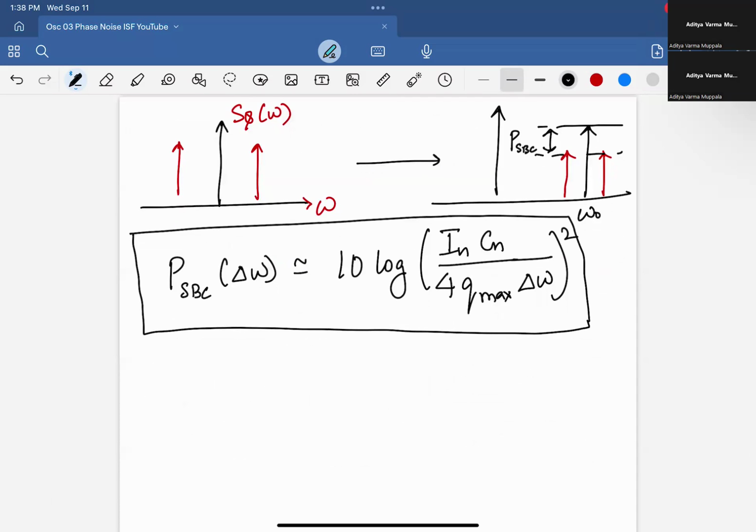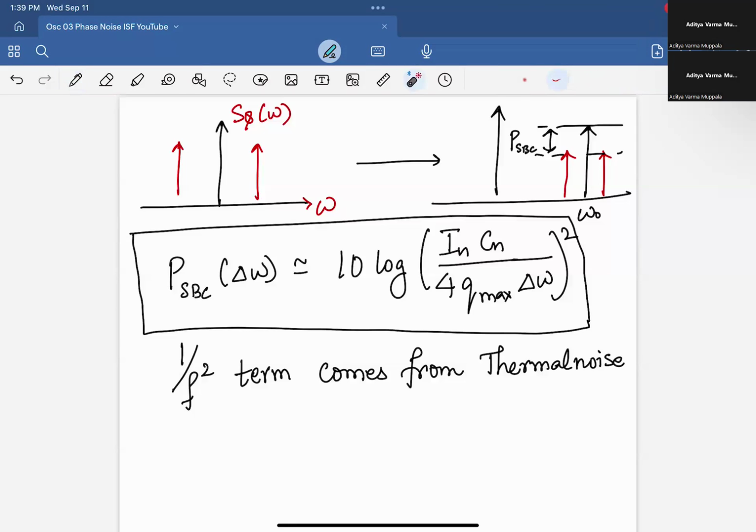Okay, so this shows you where you get the 1 over f squared term. It comes from thermal noise, because here we have this 1 over f squared coming in. And here we assumed, of course, that the noise power is uniform over the entire spectrum for i of t.